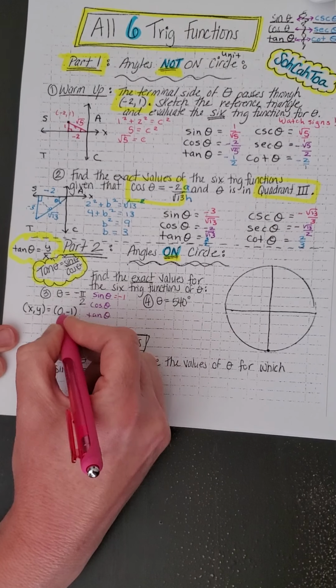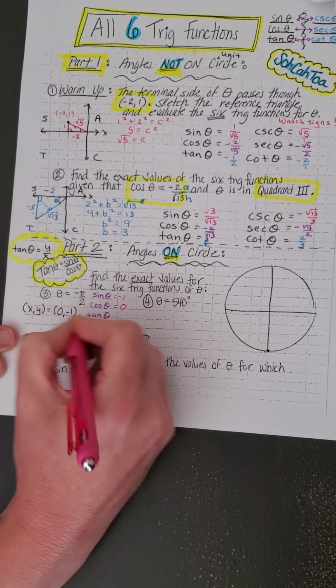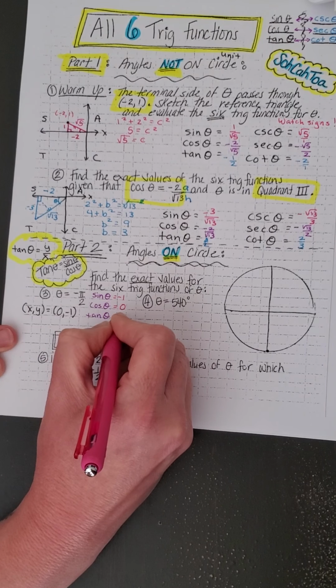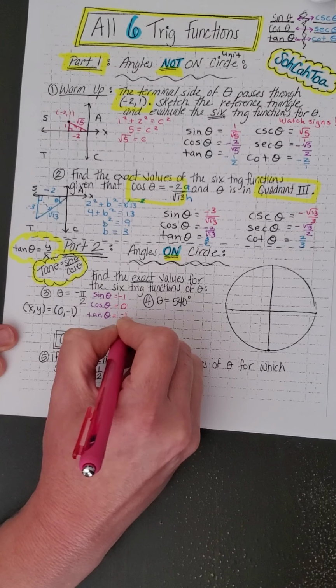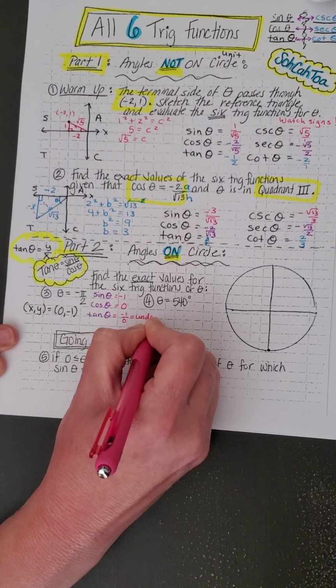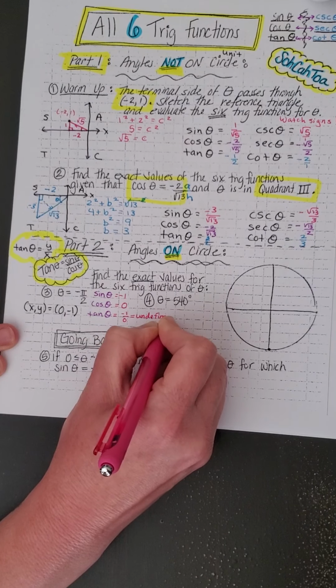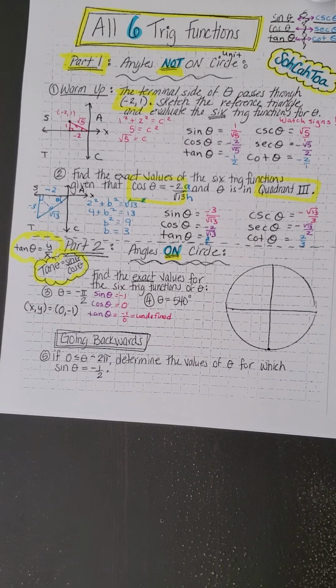Cosine is x, x is 0. And tangent is y over x, which is -1 over 0, and that would be undefined. You cannot have a 0 in the denominator.